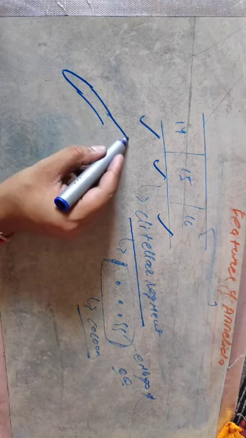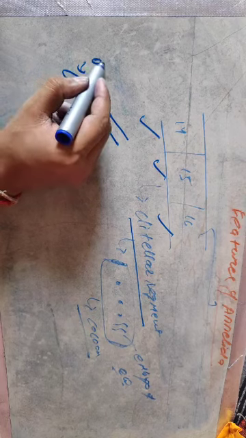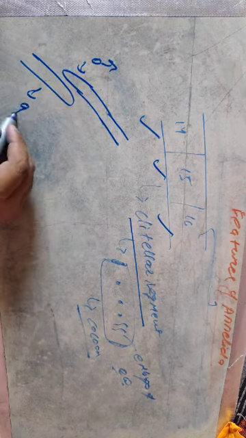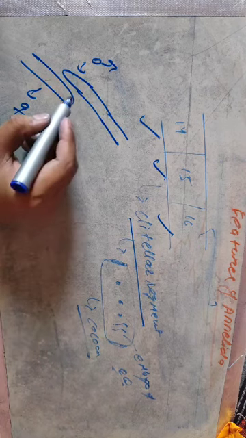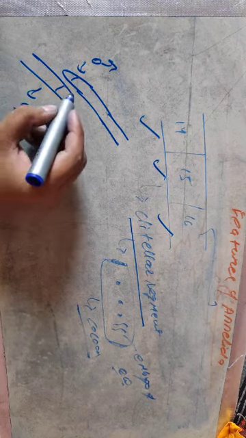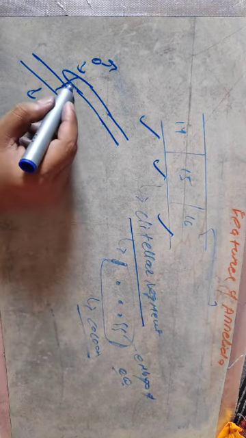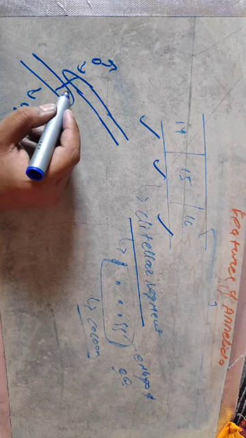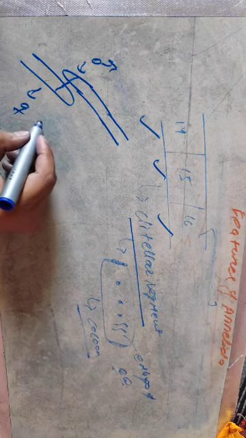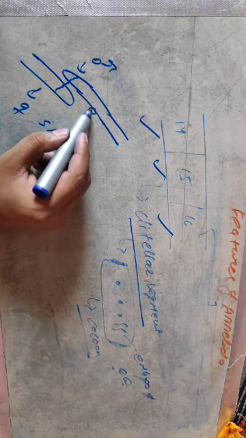So suppose this one is the posterior end of the male and this one is the posterior end of the female. Then the male and female genital apertures come closer to each other, and the male releases the sperm that will be stored in very special organs of the female body, known as spermatheca, and spermatheca store all the sperm.